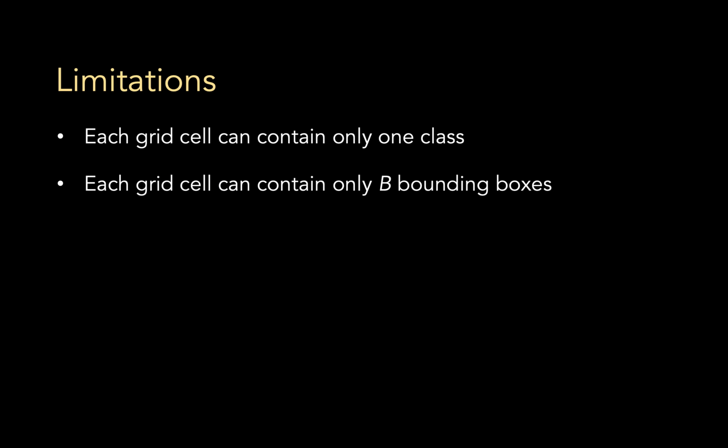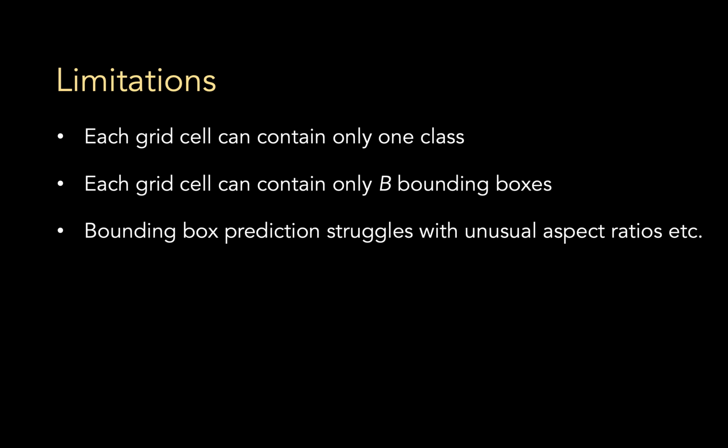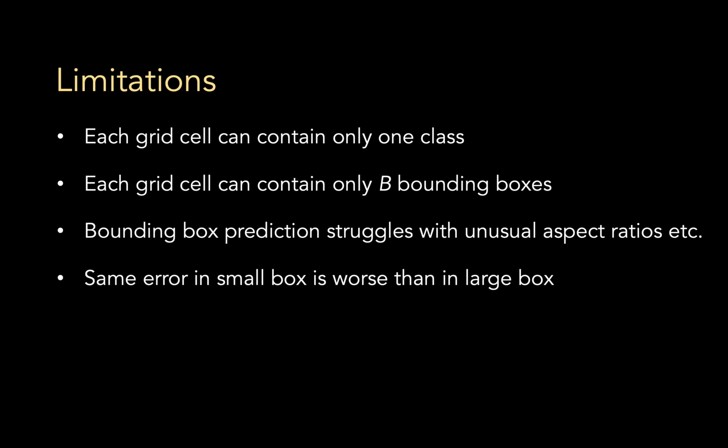Now, the authors note some other limitations, which include the fact that bounding box prediction tends to struggle with unusual aspect ratios or configurations of objects that it had not sufficiently seen in the training data. And furthermore, the loss function deals only with absolute values of x, y, w, and h, so it cannot deal with the fact that the same absolute error will matter more in a small box than in a large box.